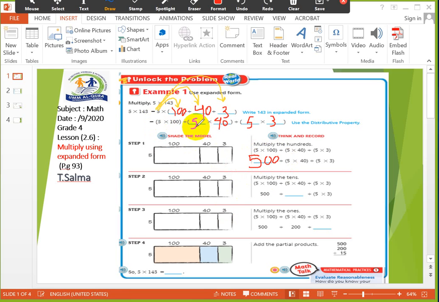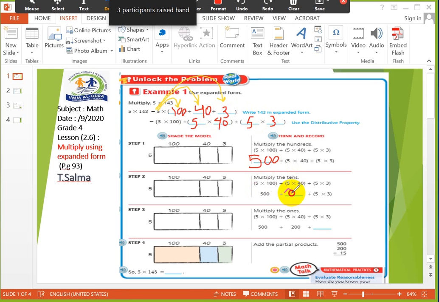Then 5 multiply 40. So I will find the multiplication between the number and the tens number. When I want to multiply any number with a tens number, I will multiply 5 with 4 and put 0 next to the answer. 5 multiply 4 equals 20, right?